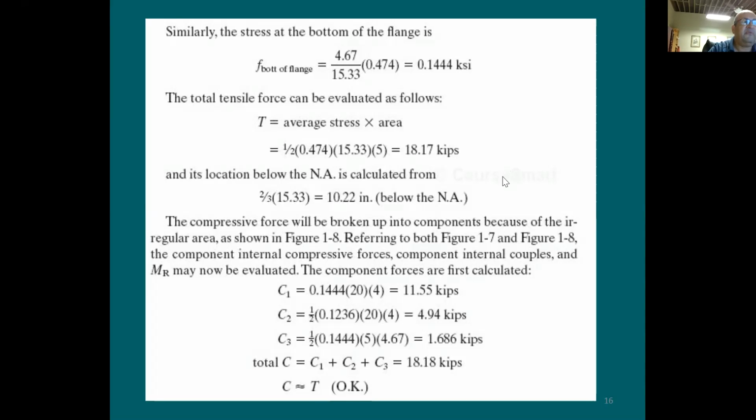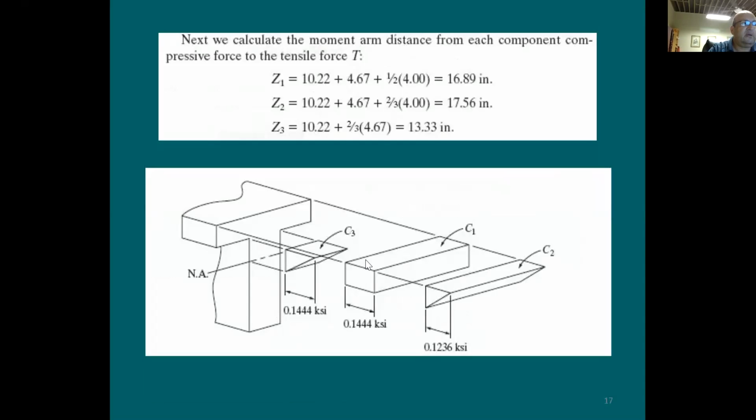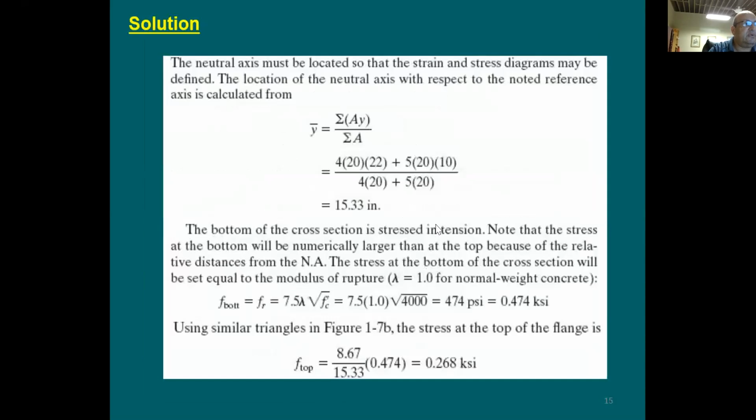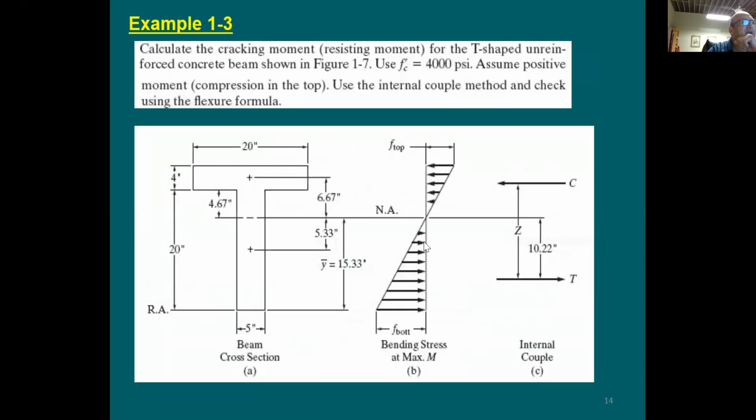Okay, let me find each force. How do you do C1? If you look at the stress on the top, as we said, that was equal to 268. Let me take you to this slide. If the stress here is 268, can you figure out the stress at the bottom of the flange?